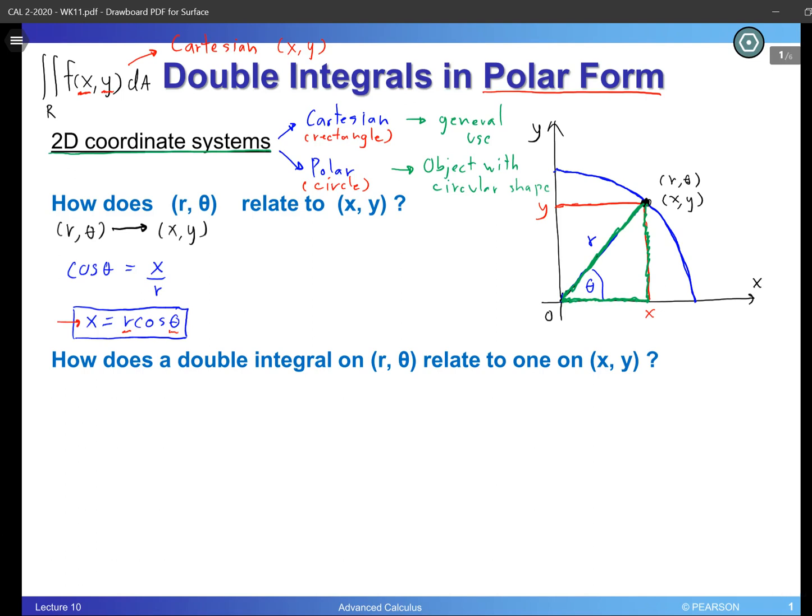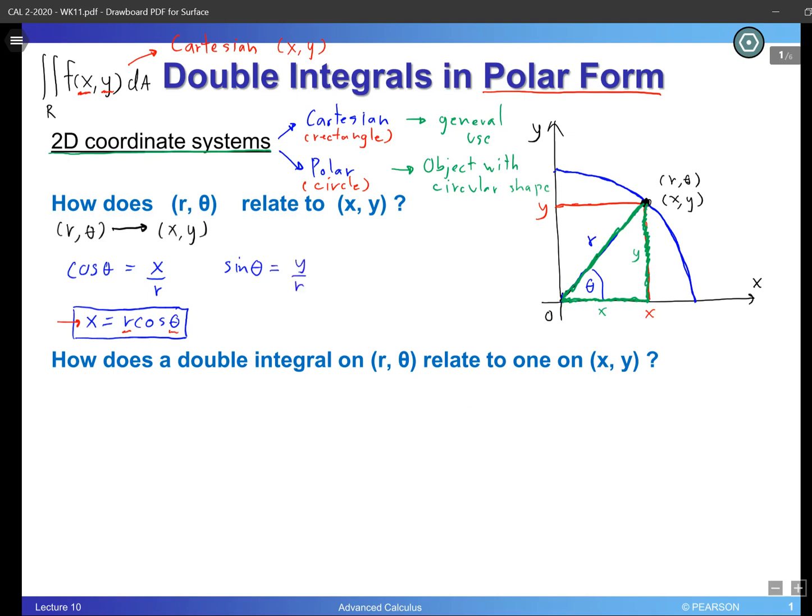Now let's take a look at another one, trigonometry again. So we have this sine theta right here. I want to look at this sine theta, and it's going to be the opposite side, which is this, divided by the hypotenuse. The opposite side of this is going to be y. By the way, this adjacent side is going to be x. So sine theta is going to be equal to y over r.